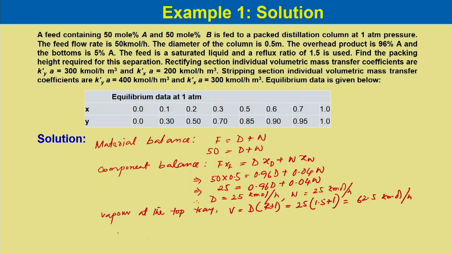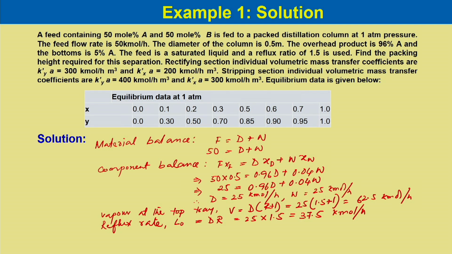Now, reflux rate, which is L0, would be equal to D into R. D is 25 into R is 1.5, which is equal to 37.5 kilomole per hour.